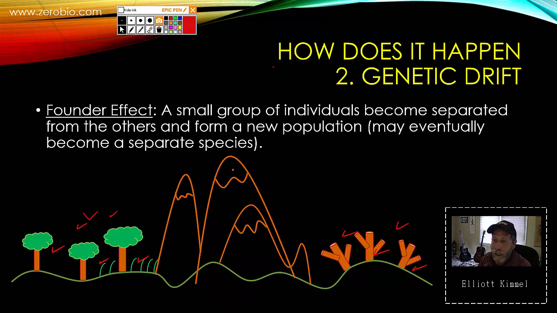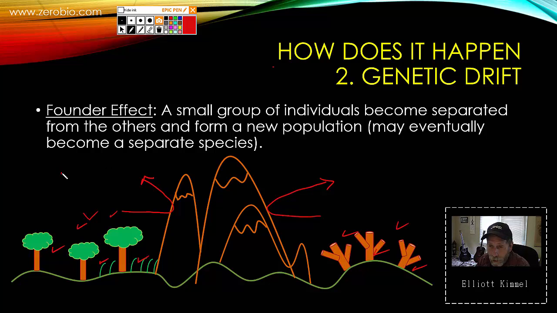A mountain range occurs. Now, it's not going to happen overnight, but imagine if there's a mountain range now and the organisms that are on this side can't get over to the other side to eat the food over here, escape predators that are on this side, mate with these organisms. And these organisms here also can't get over to the other side.